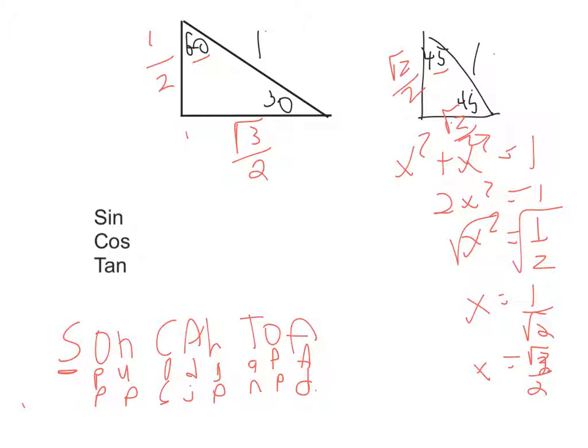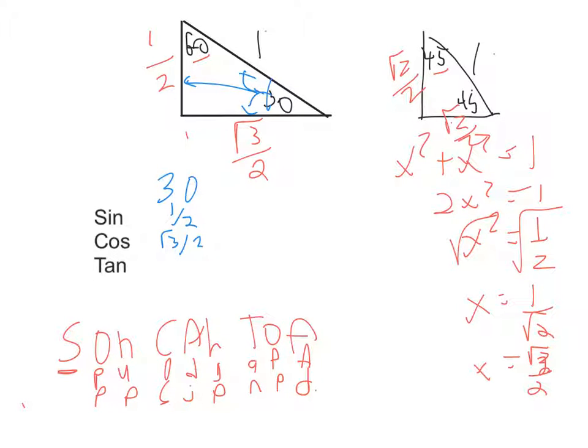So let's start off by looking at 30. 30, I know, for sine, is my opposite divided by my hypotenuse, and 1/2 divided by 1. Anything divided by 1 is just going to be a half. If I want to know my cosine at 30, I have to take my adjacent and divide it by my hypotenuse, and I get root 3 over 2.